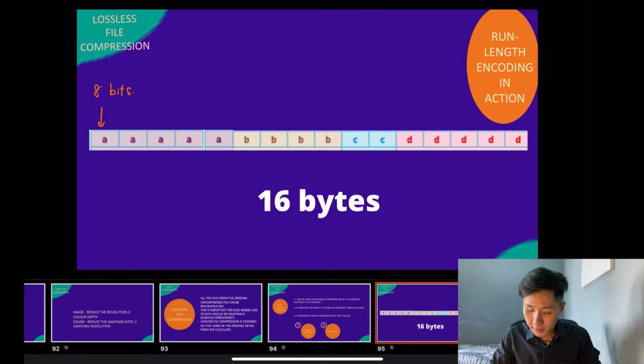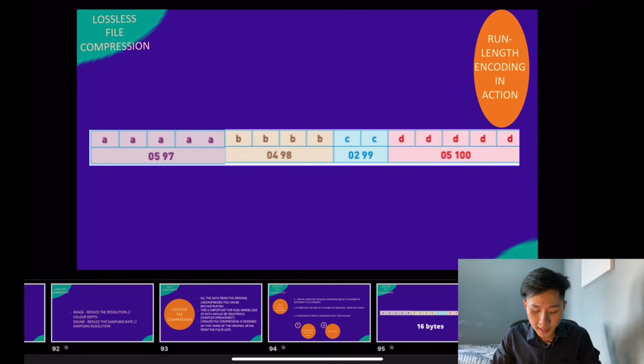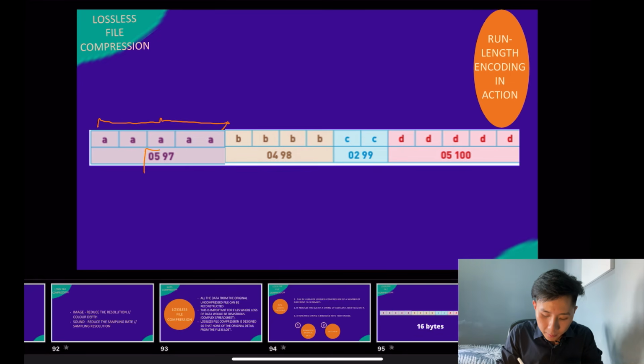Instead of encoding 5 characters A, we can encode the number 5 together with the value that represents A. So this means that instead of using 5 bytes here, 2 bytes is enough to represent the same information.